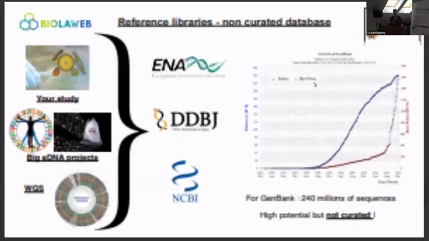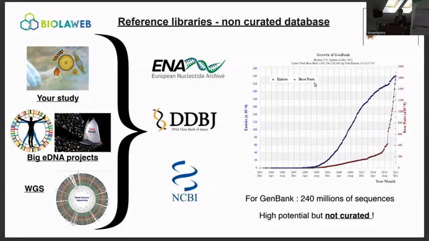And there is another type of libraries that are the nucleotide databases. When you publish your results, some journals may ask you to deposit your sequences in nucleotide databases. And there are 3 main nucleotide databases: from Europe, ENA; Japan, DDBJ; and NCBI from the US.